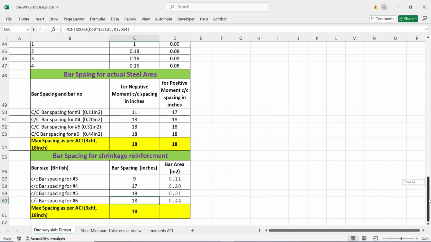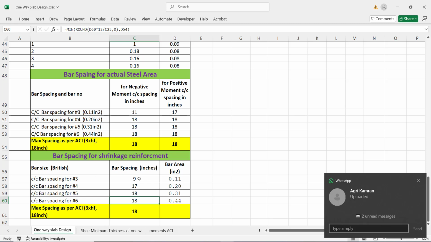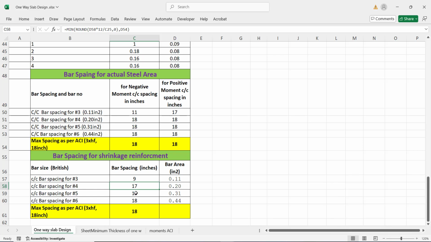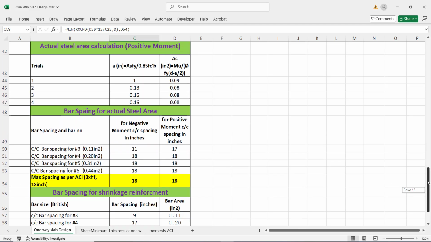These are the minimum requirements: number 3 bar at 9 inches, number 4 bar at 17 inches, and similarly number 5 bar at 18 inches. So these are the shrinkage reinforcement as required by the code for the minimum area. So I think it's clear now.